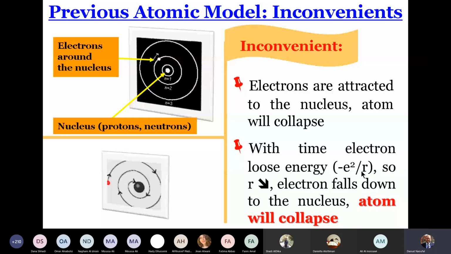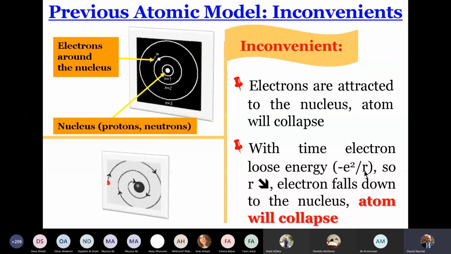And by the modern physics, we said that this electron will lose energy. So minus E squared divided by r will decrease. And in this case, r will decrease.